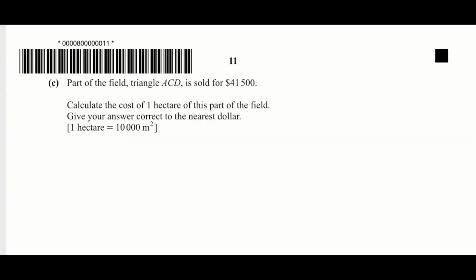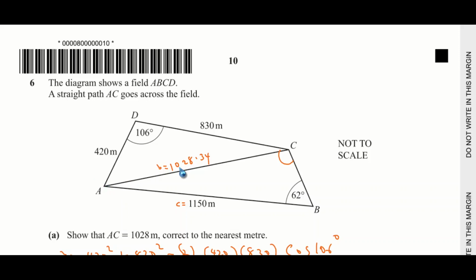The area of ACD equals the product of the two sides AD and DC, multiplied by the sine of the angle between them, divided by 2. So that is the formula.